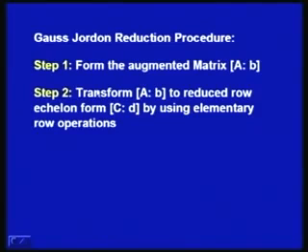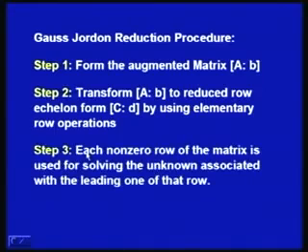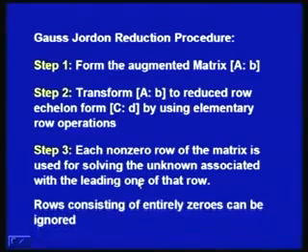That method transforms the equation into row echelon form, but not reduced row echelon form. So, the matrix CD is unique in this case. In the previous case it may vary depending upon the type of operations you apply. Then once we obtain the reduced row echelon form, this can be used for solving a system of equations. Let us see how we apply this.